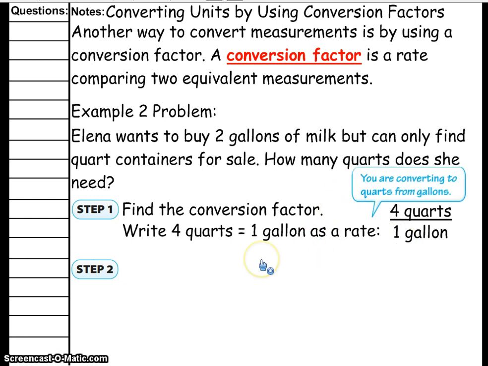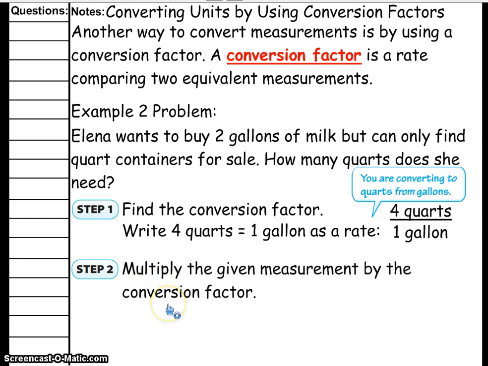So here we're converting gallons to quarts. We're going to multiply the given measurement by the conversion factor. So we have 2 gallons, which is what we're trying to convert, and we're going to multiply it by our conversion factor.